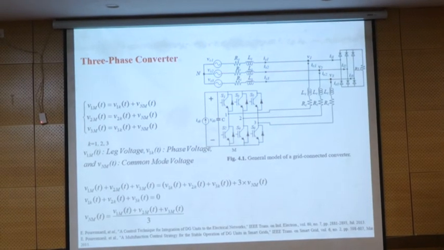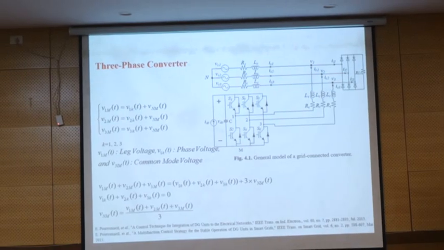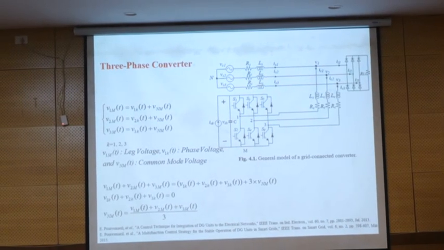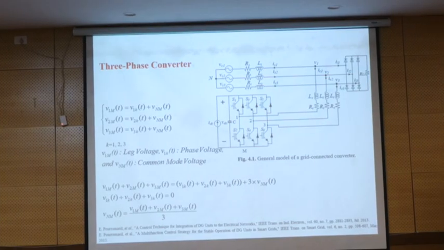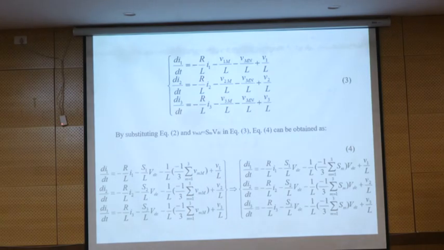But because I mentioned S1, S2, S3 means leg 1, leg 2, leg 3, we cannot say that S1 is here and S2 is here. Yesterday I also emphasized don't make the mistake, because this is leg 1. The switching state function in leg 1, switching state function in leg 2, and in leg 3.